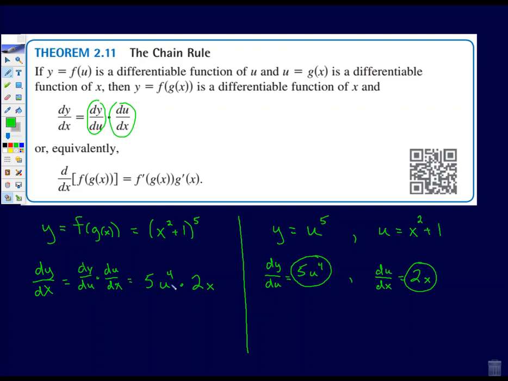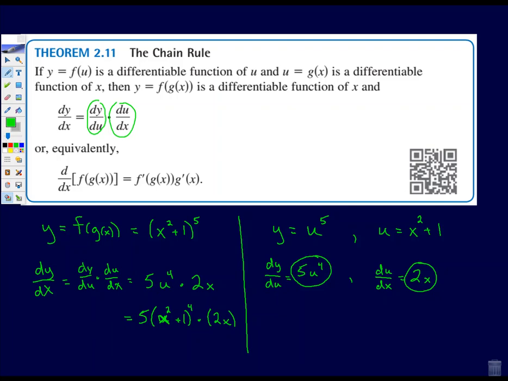Now, it makes no sense for the answer to be in terms of both u and x. So what I'm going to do now is replace u with what I said it was equal to. U was x squared plus 1. So this becomes 5 times the quantity x squared plus 1, all to the fourth, times 2x.